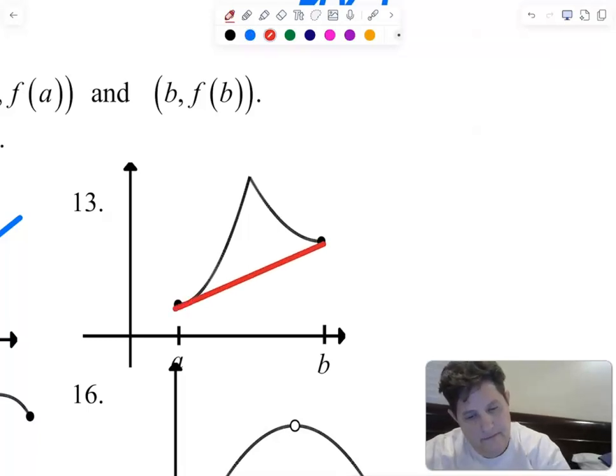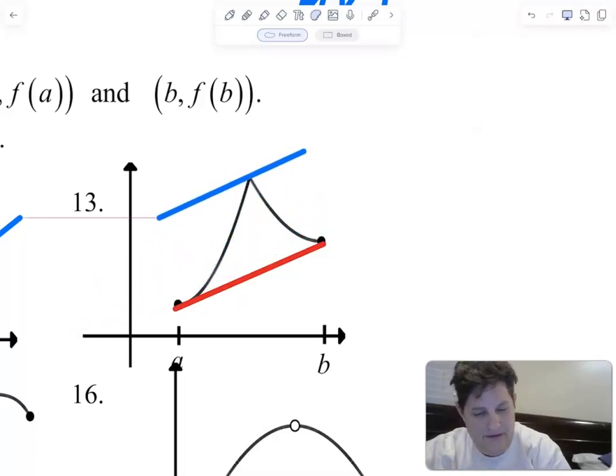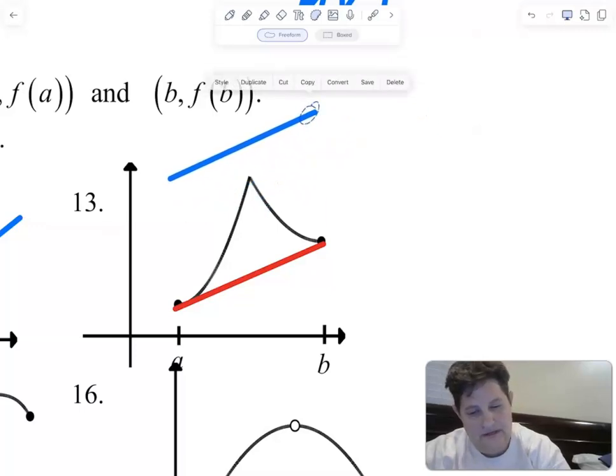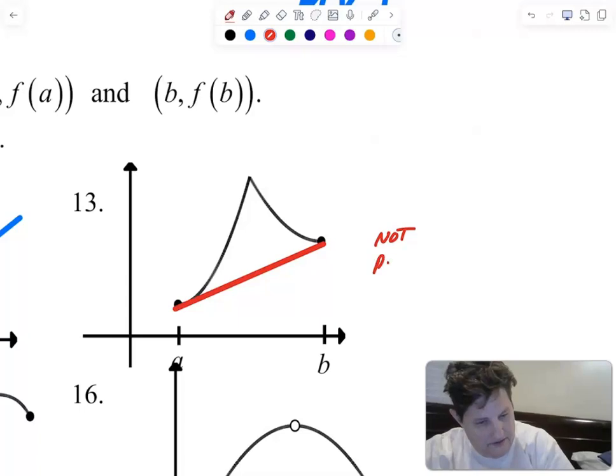Now let's look at this next one. I've got a line parallel, and I want to find the point where it goes. Well, none of those points along there, and that point doesn't work, guys. That's a cusp. So this one actually doesn't have one. It's not possible.